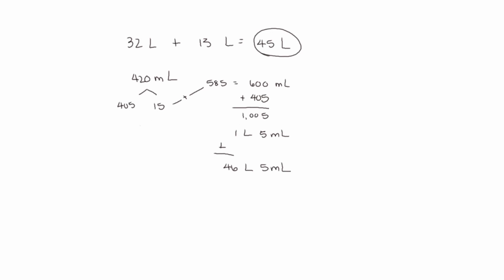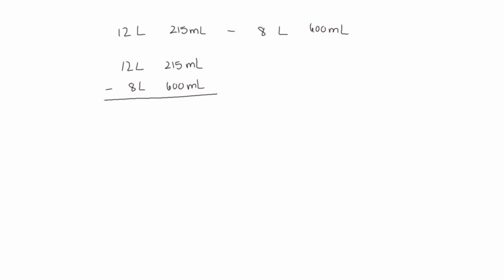Then let's look at a subtraction one. 12 liters, 215 milliliters, subtract 8 liters, 600 milliliters. Again, we can use an algorithm method, writing the problems vertically as we would for a standard subtraction problem.